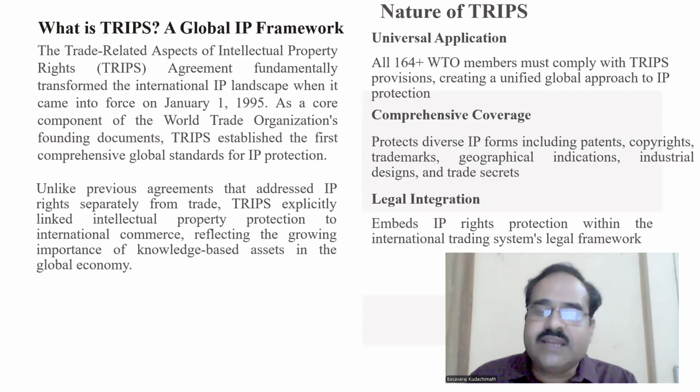The legal litigation integration means that it embeds intellectual property rights protection within the international trading system's legal frameworks. It means that when litigations were reported at the international level under the WTO leadership, WTO started intervening in the country to protect the intellectual property rights of the international organization within that country.